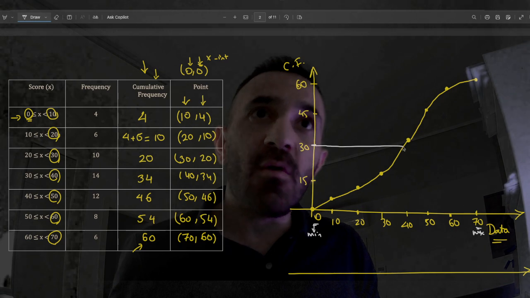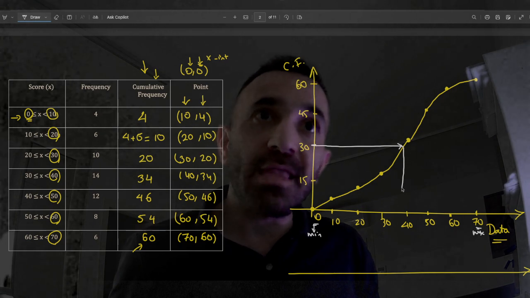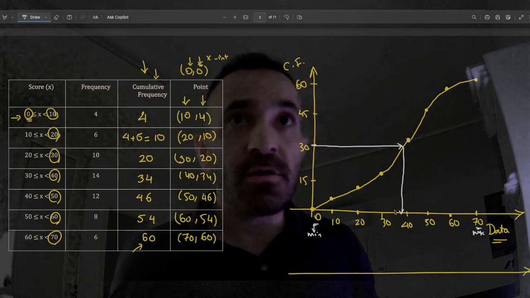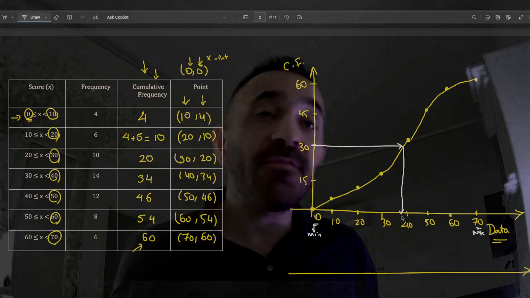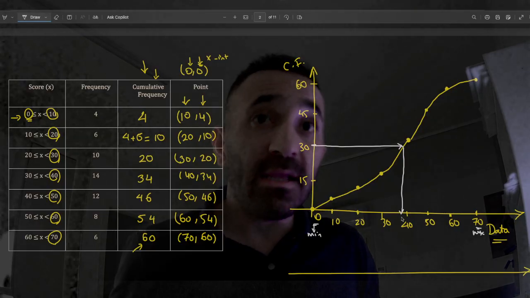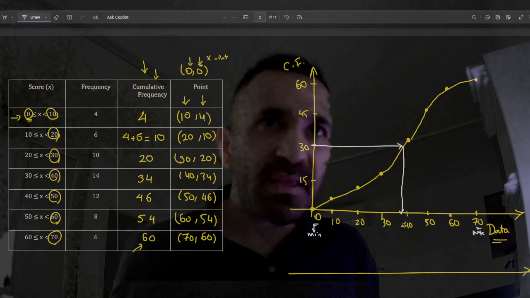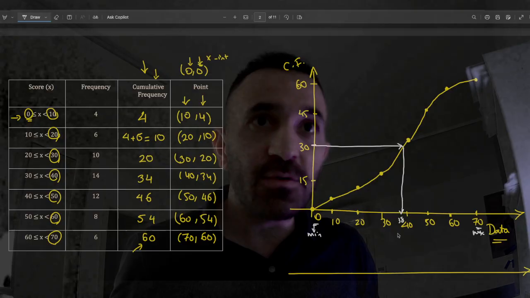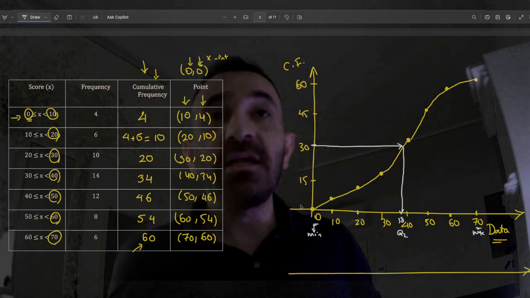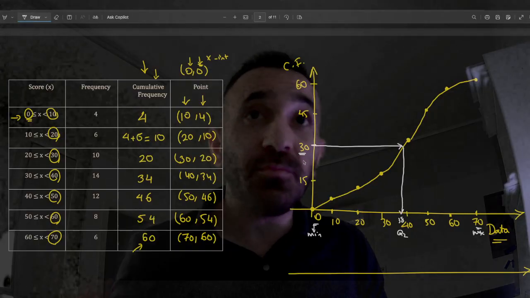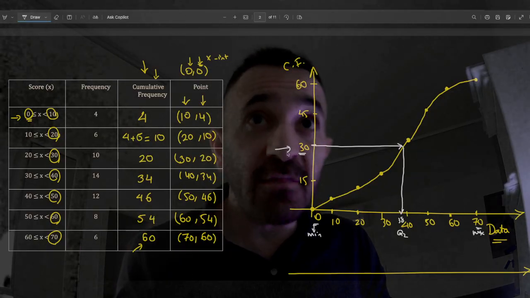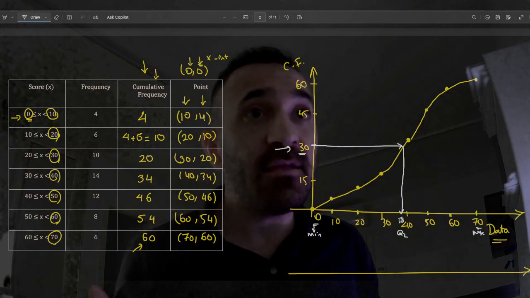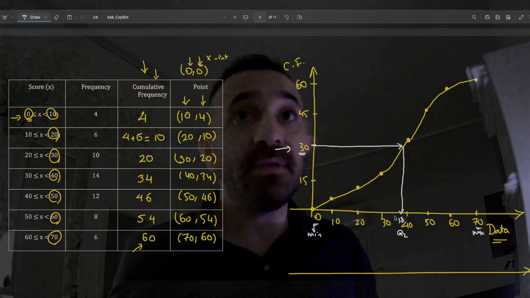Now I'm going to go down. Remember, this value here gives you the value of the median, which is maybe 38. So 38 is your median. Remember, 30 is not your median. The value of 30 helps you to find the value of the median, which is 38.